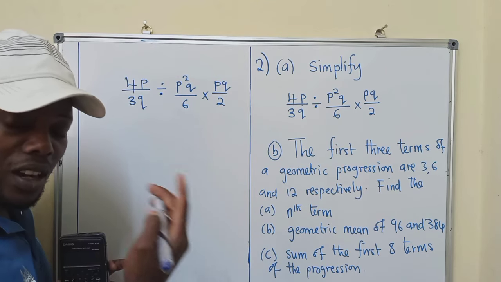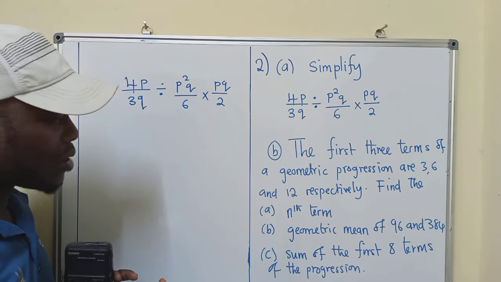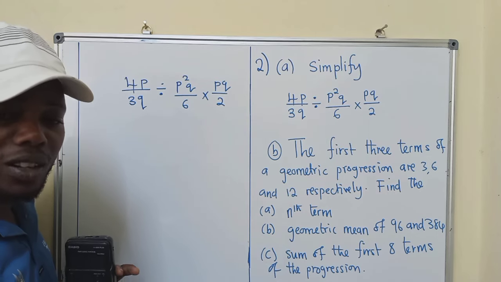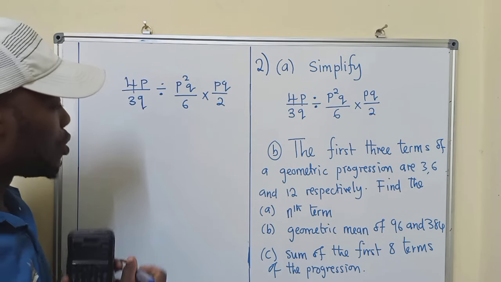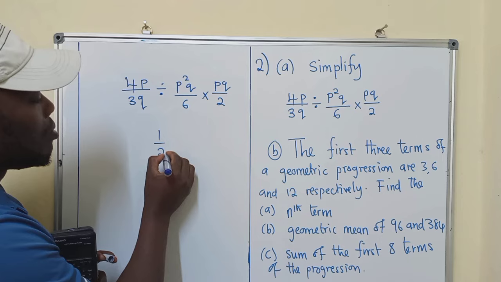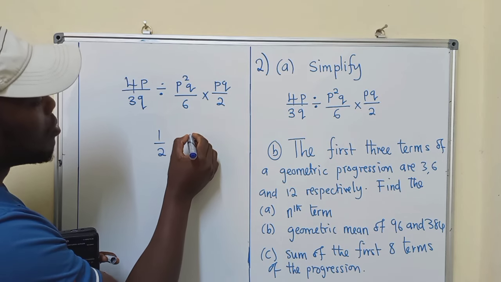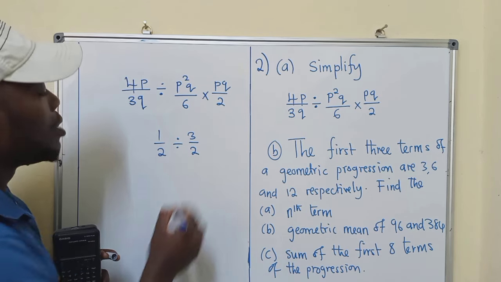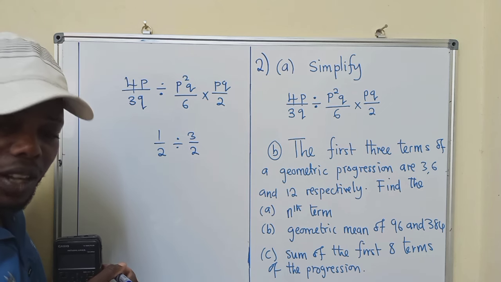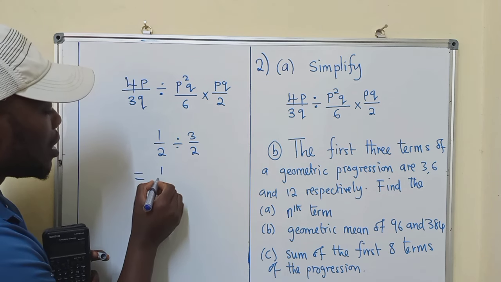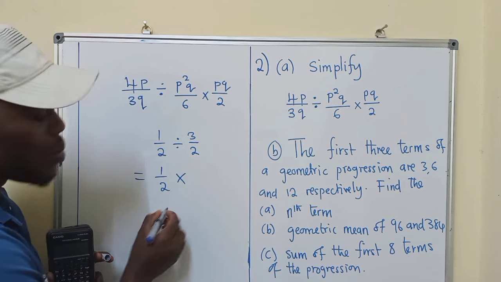There is a division, and we know that when dividing fractions, you reciprocate. So for example, if you have this, how do you divide it? You change the sign to times.